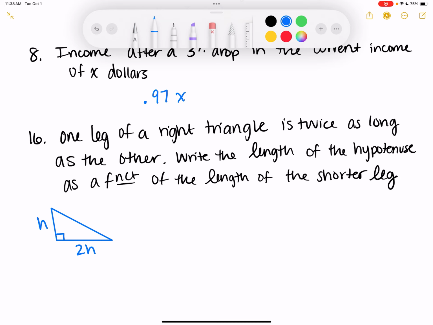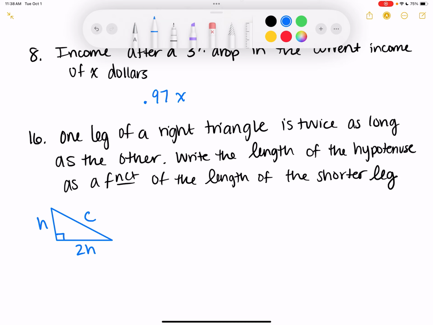And the hypotenuse, we'll call it c. That's what we normally refer to the hypotenuse as. So I need to come up with an equation for writing the hypotenuse in terms of the length of the other leg.